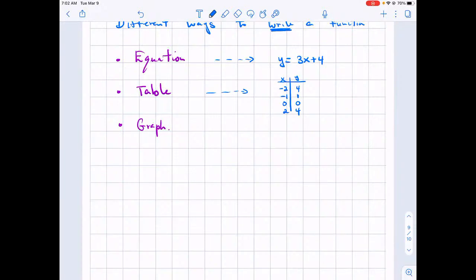And from a graph, we have some form of a picture. This is g of x. So here is my graph.